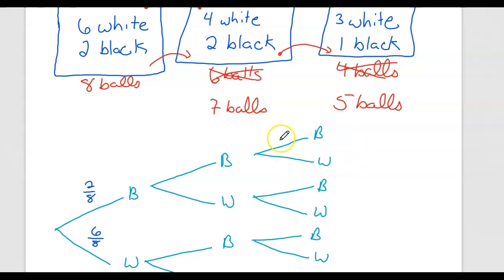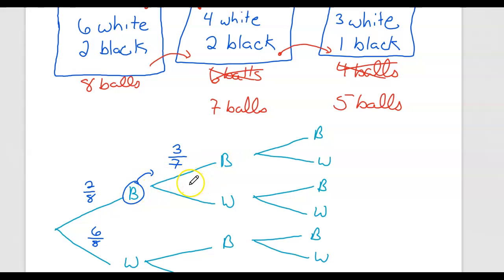Okay, so let's go to this branch right here. I'm going to draw a black ball. So that means I no longer have just 2 black balls. I now have 3 black balls. So that means that I have 3 out of 7 now, because this black ball came here.